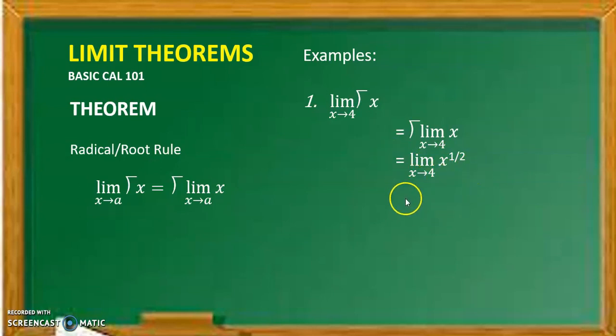So, we can apply the power rule: we get the limit of this, then erase the exponent. So, the limit of x when x approaches 4 raised to 1/2. The limit of this is 4 raised to 1/2, which also equals the square root of 4, which is 2.